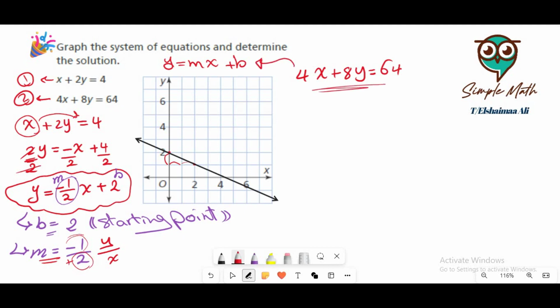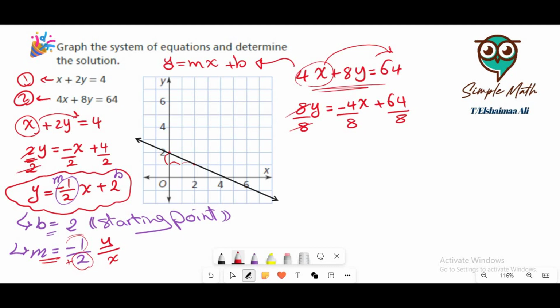As we said before, we need y alone on one side of the equation, so it becomes 8y is equal to, we take 4x to the other side with a different sign, so it becomes negative 4x plus 64. Here we want to get rid of that 8, so we divide both sides of the equation by 8.